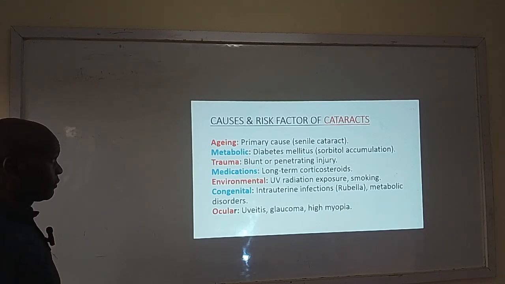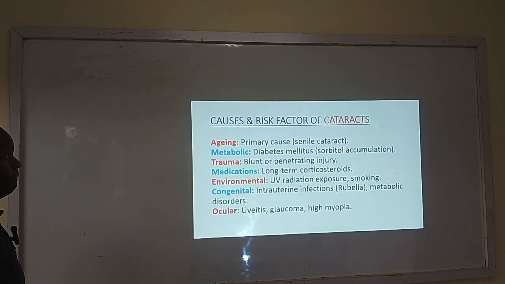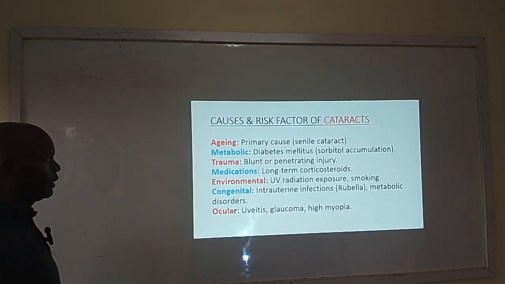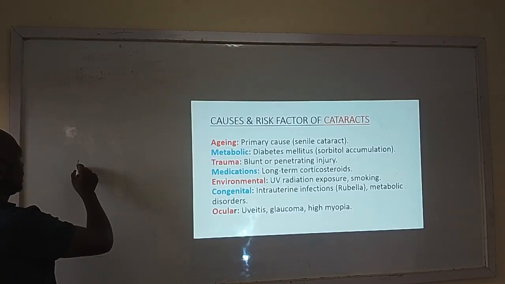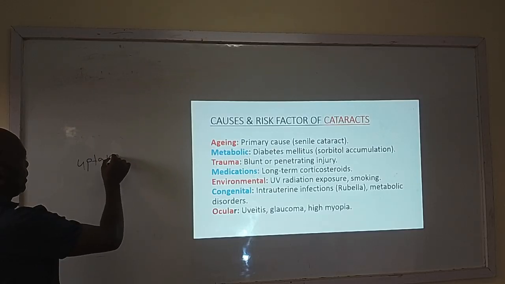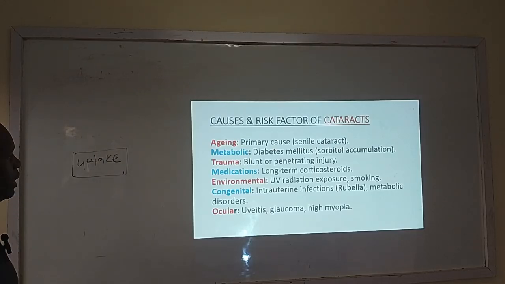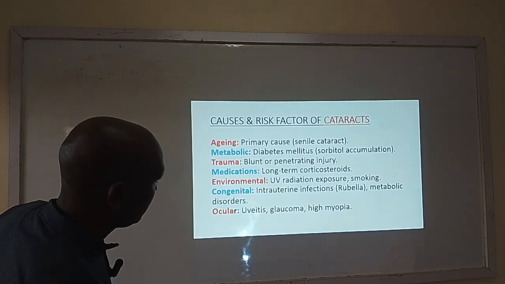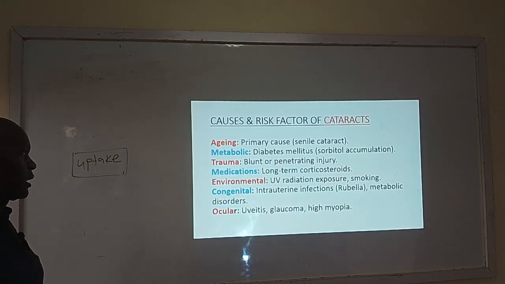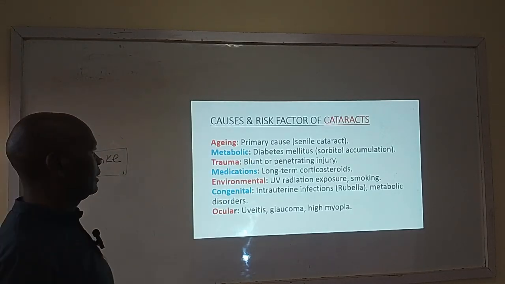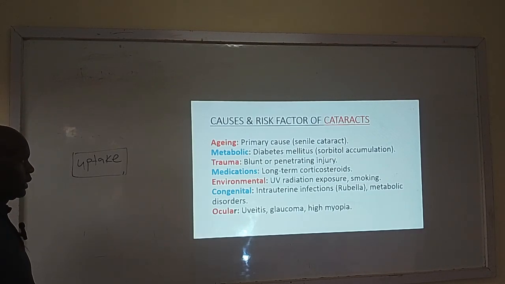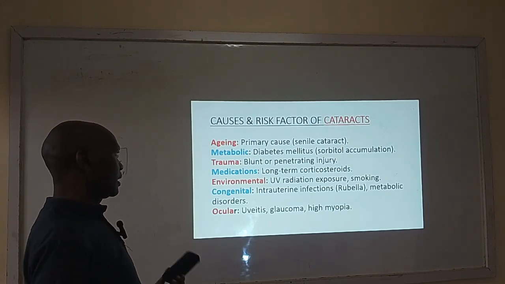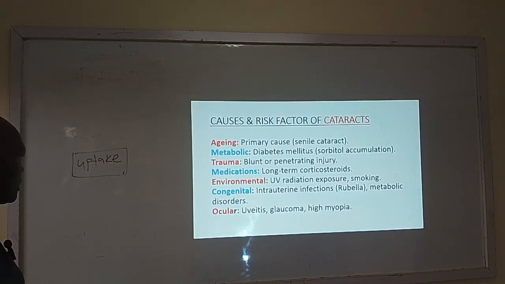In the body, there are some cells which don't rely on insulin for glucose uptake. Remember, diabetes itself is a condition where there is maybe failure in insulin or no production of insulin, or cells are non-responsive to insulin that is produced, depending on the type.